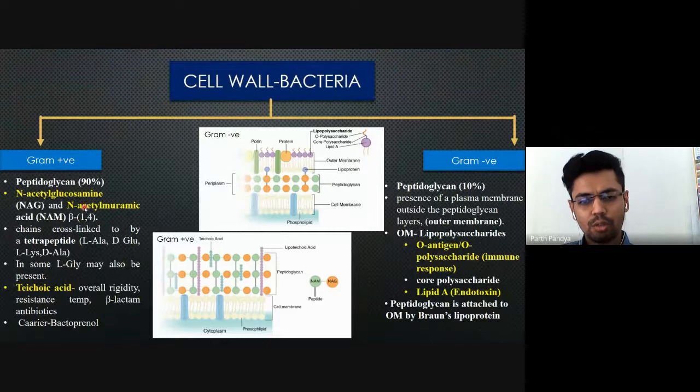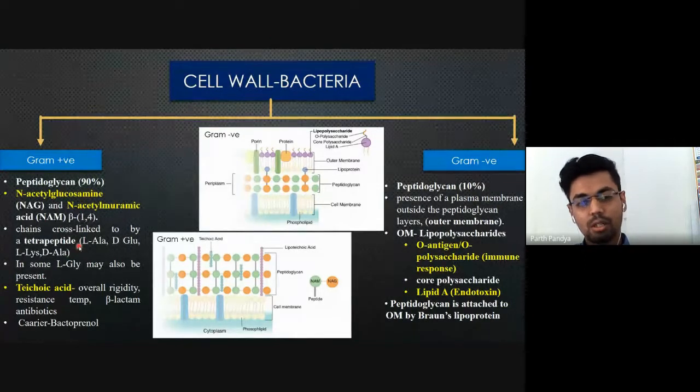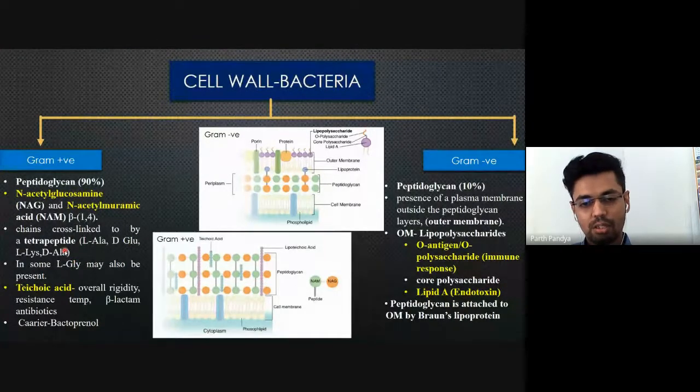With this glycan group, we have a tetrapeptide attached. The residues conserved here are L-alanine, D-glutamine, L-lysine, and D-alanine. This forms a tetrapeptide attached to our overall glycan part.